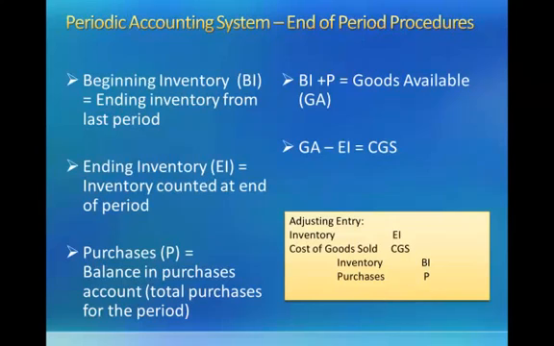This journal entry will update inventory so that it is equal to the inventory that we have on hand, record the cost of goods sold for what we sold plus shrinkage, and close out our purchases account. It's important to do this adjusting entry before preparing financial statements.